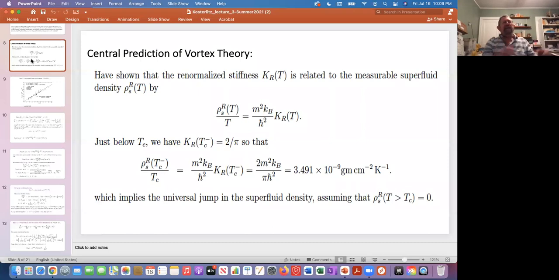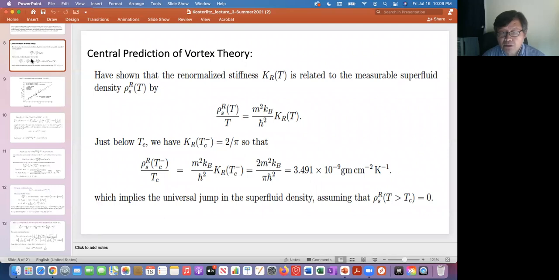There are many, many different Hamiltonians that will flow to the same fixed point. And so the superfluid density depends on the fixed point, and the physical point is not on the details.